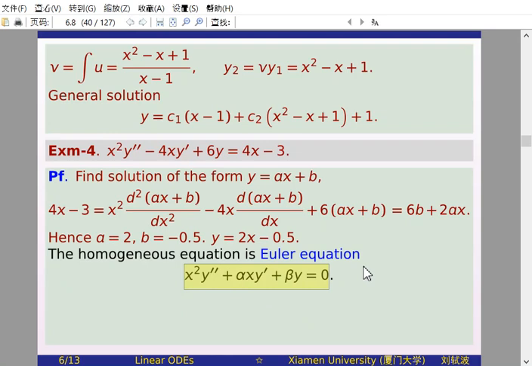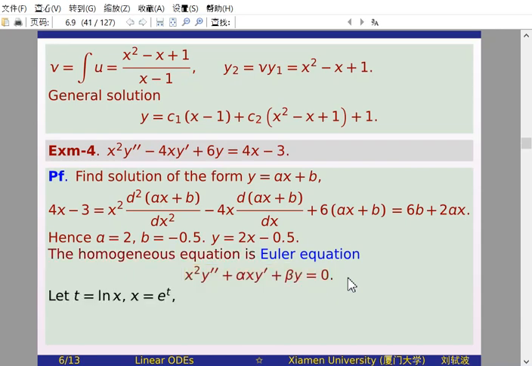Every section of our textbook has a set of problems for you to do as exercises. So we have a problem about the Euler equation. The method to solve the Euler equation we have not discussed previously, so this is the purpose of talking about this example.